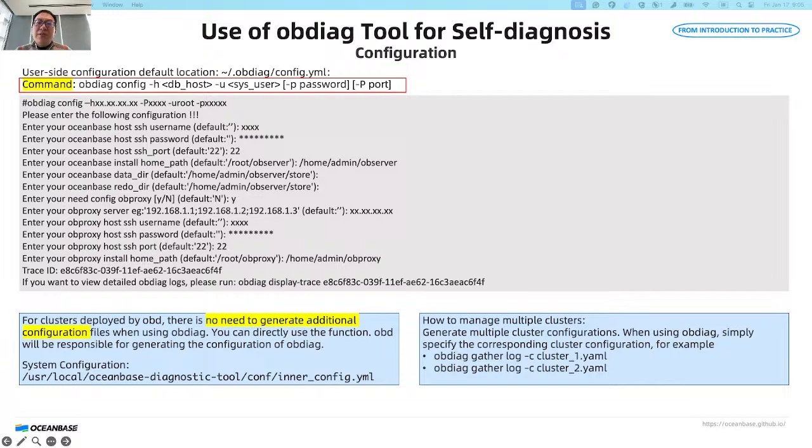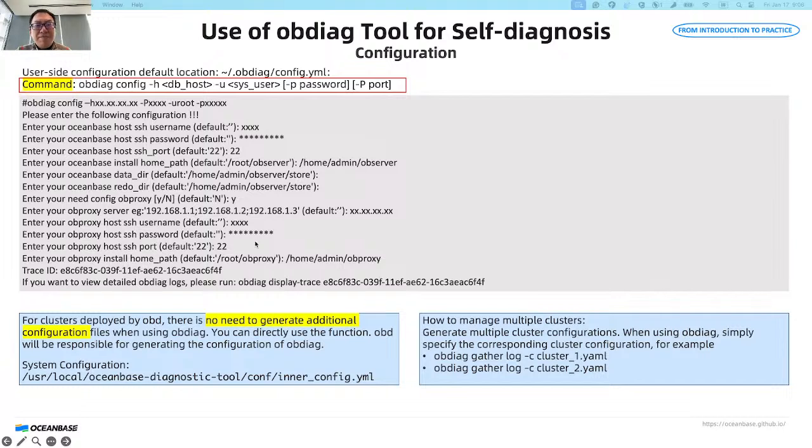Next, we will use this command to configure obdiag. The parameters that need to be filled in this command are the information of your OceanBase cluster, including IP, username, password, and also port. The following is a demo for you to refer to.